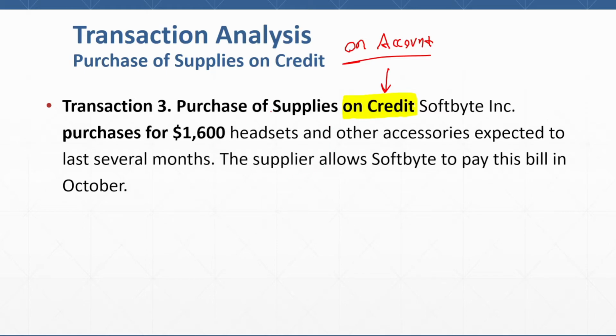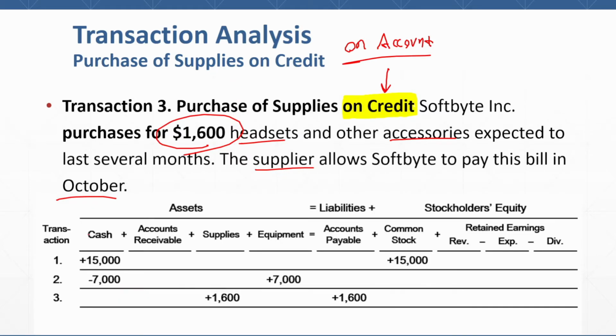So here we are purchasing supplies on account. Basically, we promise to pay later. The amount is $1,600, some headsets and accessories. The seller allows the company to pay this bill in October. Okay, how this would affect our equation? Let's see. So we are not worried about 1 and 2. In line 3, transaction 3, we purchased some supplies.